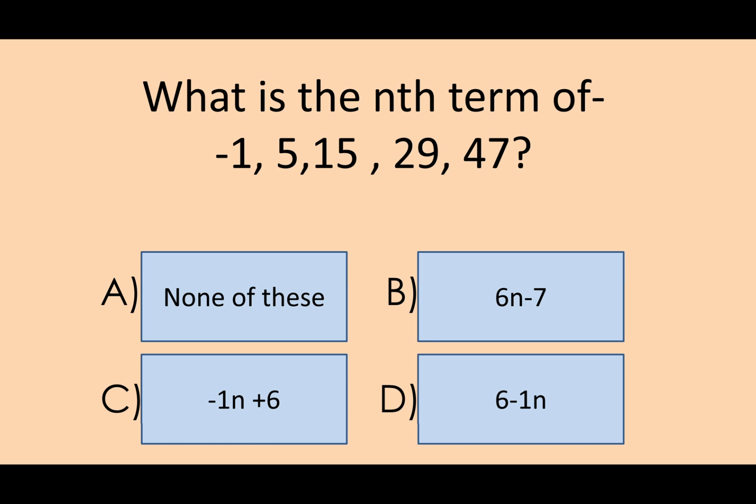Okay, you probably guessed it by now. This is a quadratic sequence. We cannot find a linear nth term for this one. We need to follow the quadratic sequence procedure to actually find the nth term.